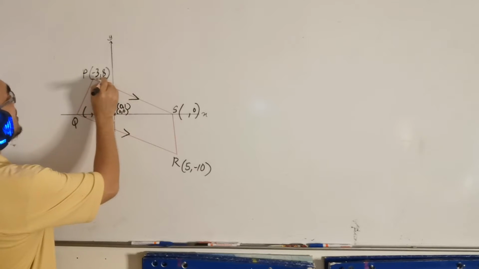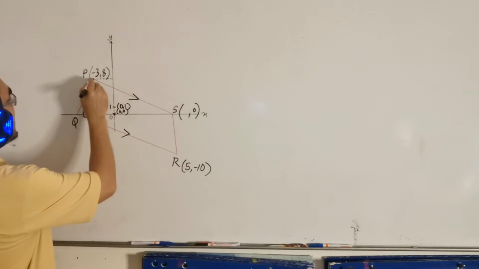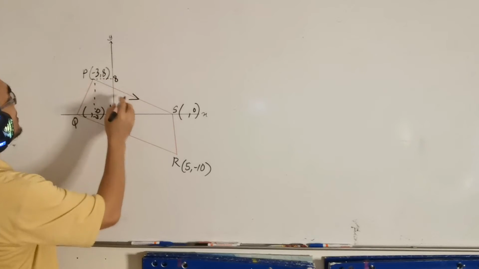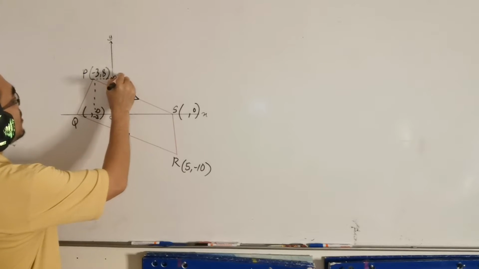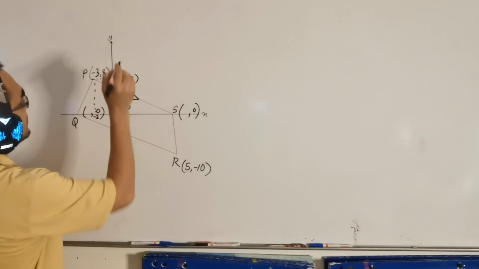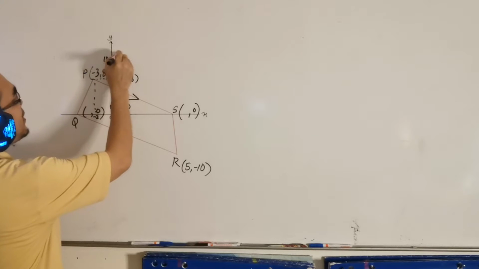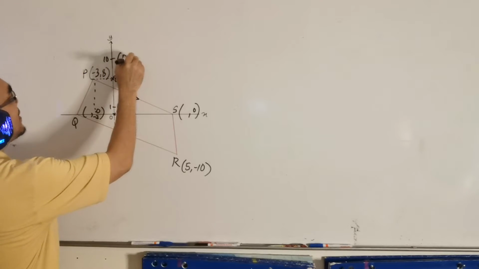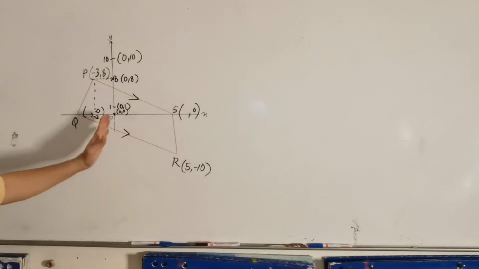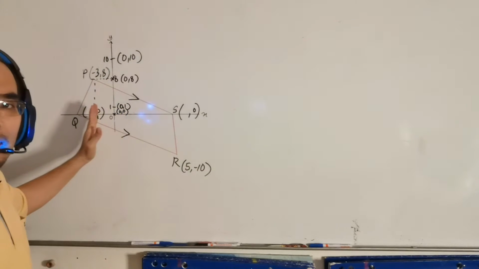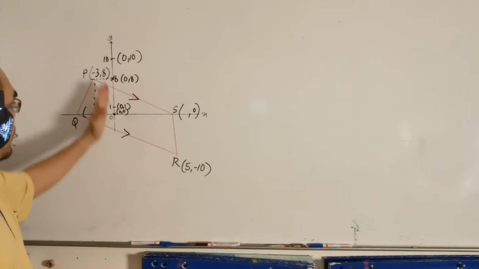And look at here, this is negative 3, 8. So the point here will be 0, 8. If there is 10 here, the coordinate will be 0, 10. That is, the value of x is constantly 0.